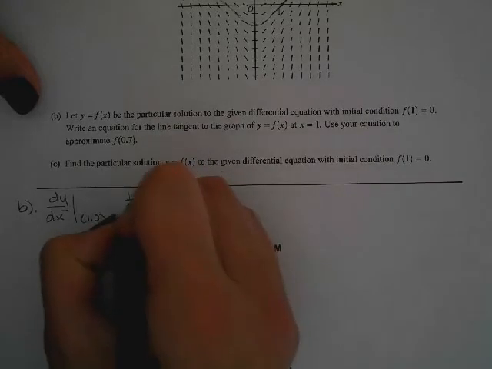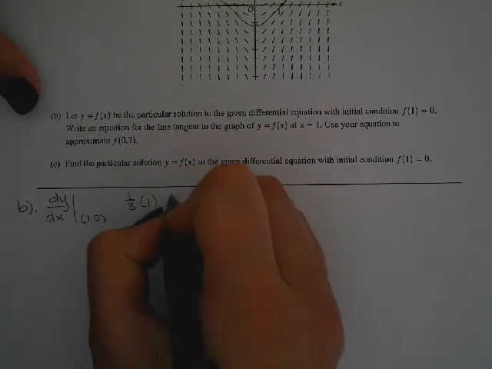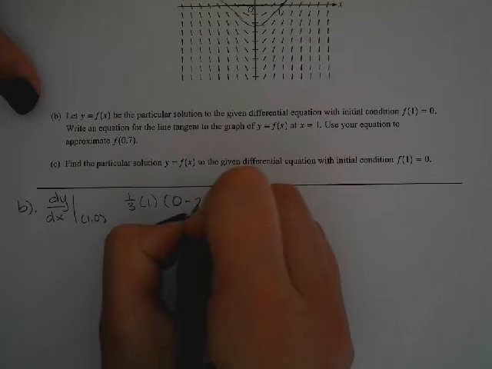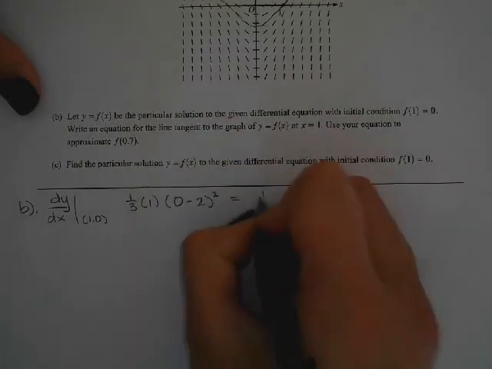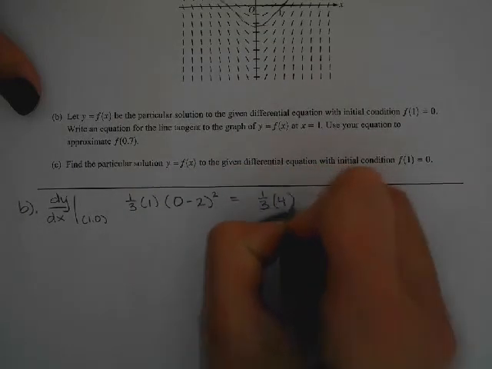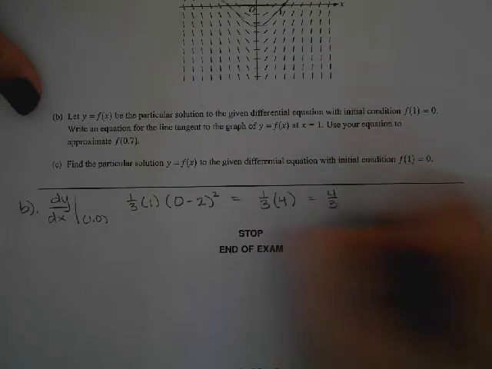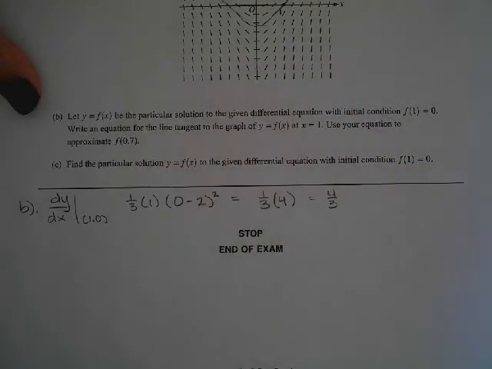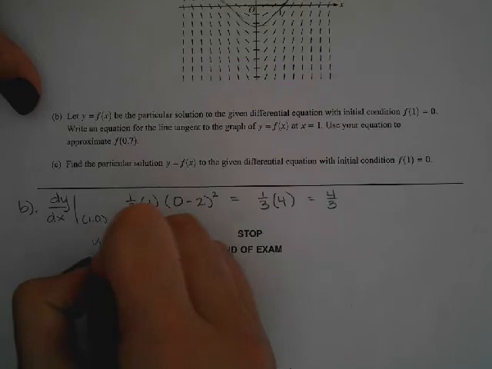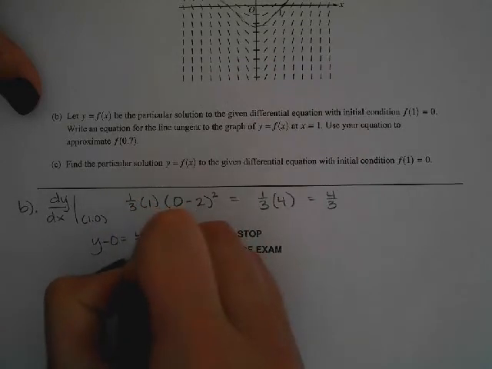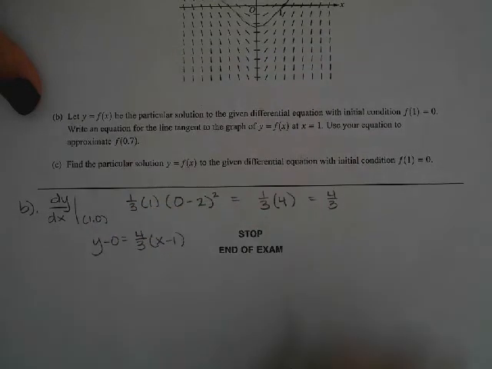So I've got 1/3 times x times (y minus 2) squared, so that's 1/3 times 4, so 4/3. So our tangent line is going to be y minus 0 equals 4/3 times (x minus 1).